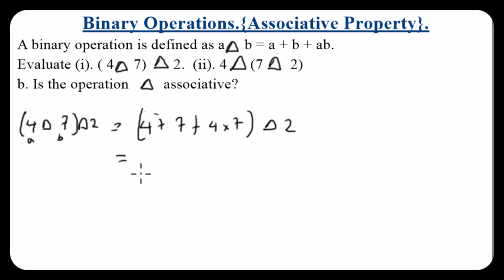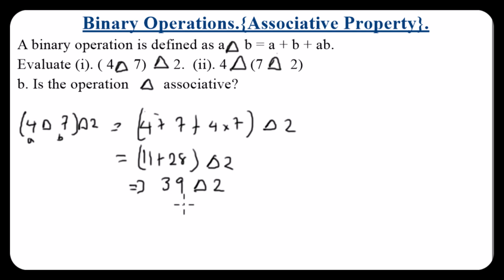So 4 plus 7 gives us 11. So this will be 11 plus 4 times 7, which is 28, and 28 plus 11 gives us 39. So this is (39) delta 2.